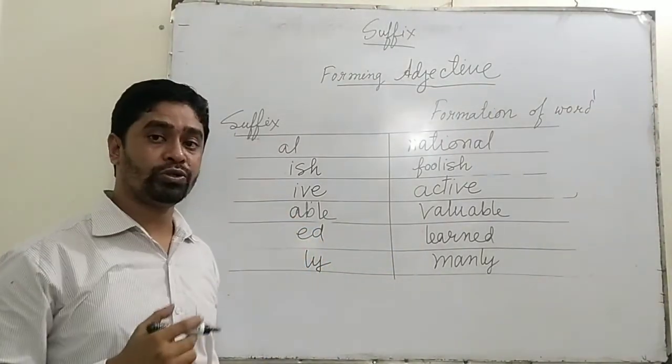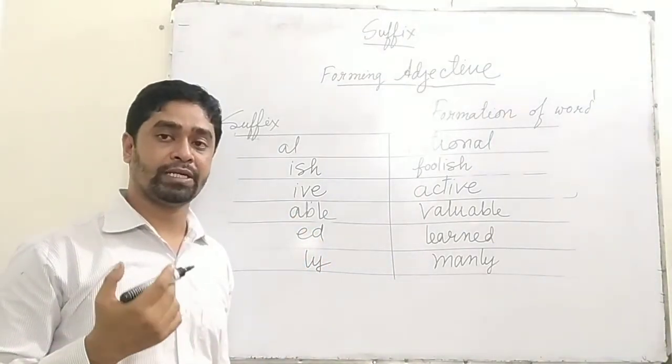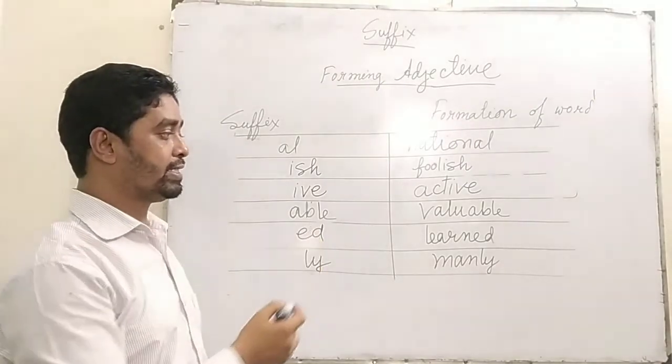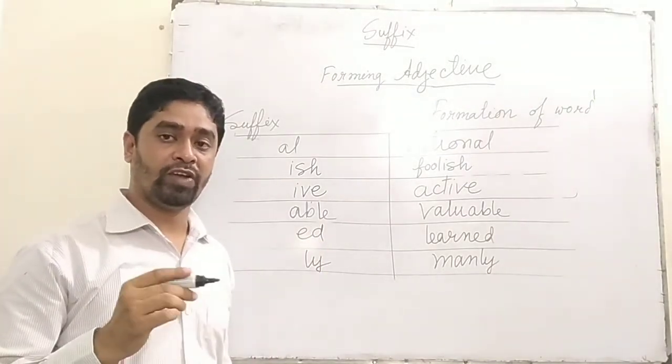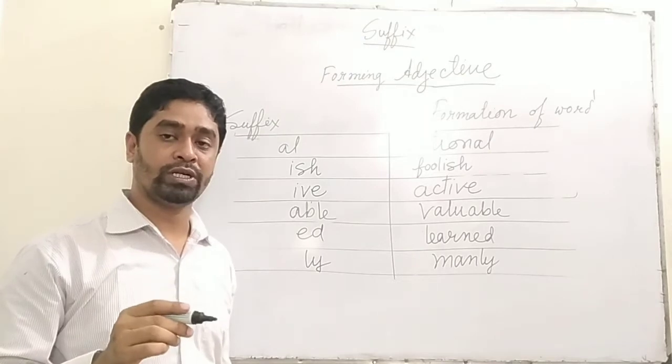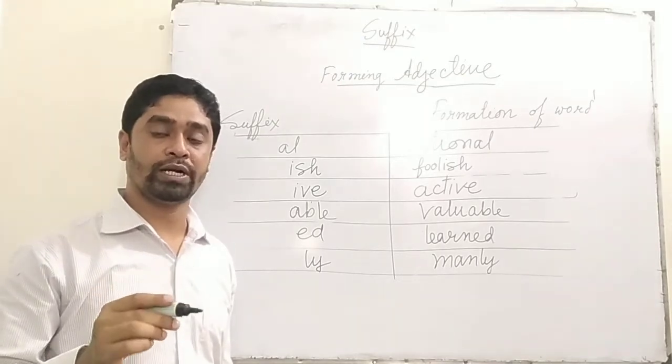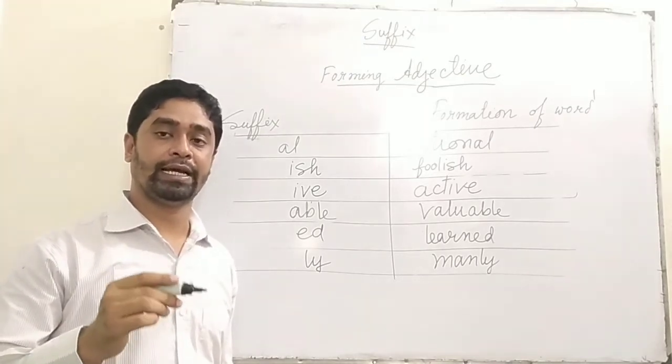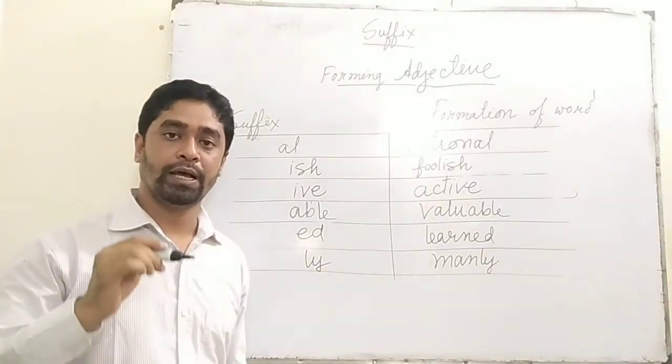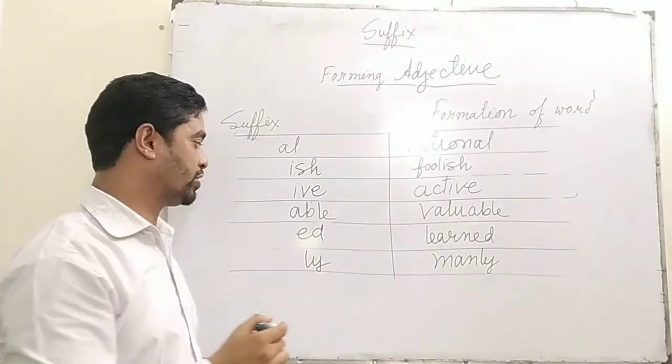Able. It also changes its part of speech, like valuable. Value is the root word. After the root word, able is added and it changes its part of speech.